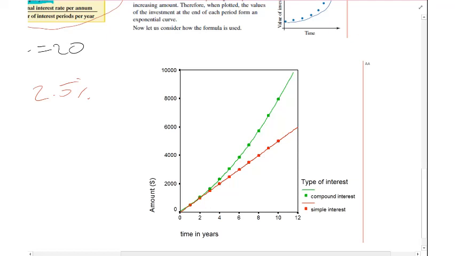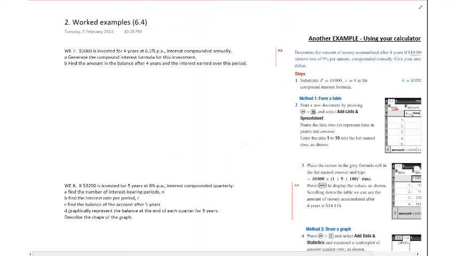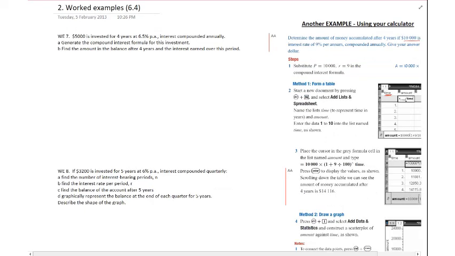Okay, so let's now look at some worked examples. Let's look at this example here for worked example 7. I've got $5,000 invested for 4 years at 6.5% per annum, interest compounded annually. So key points.